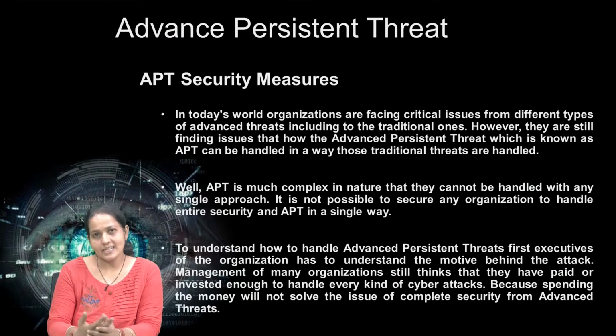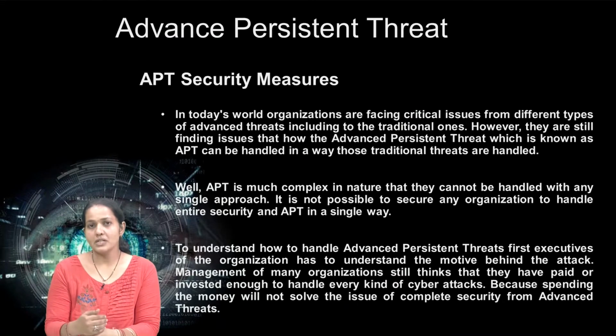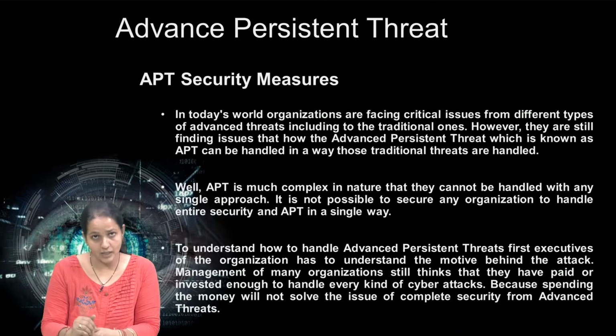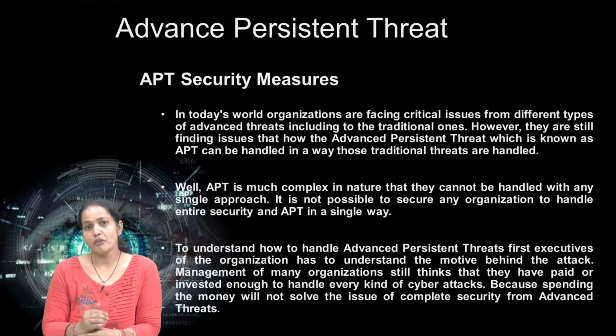To understand APT, first the executives of the organization have to understand the motive behind the attack. For any organization, if they want to establish a preventive mechanism, then first they have to understand the security required for APT: which pitfalls are available in the network, and which are the aim and objective of the attacker in performing the APT.